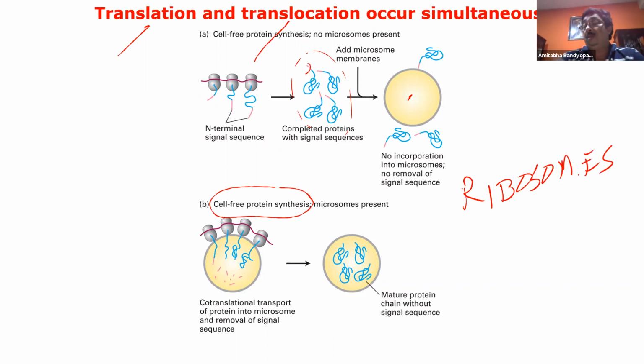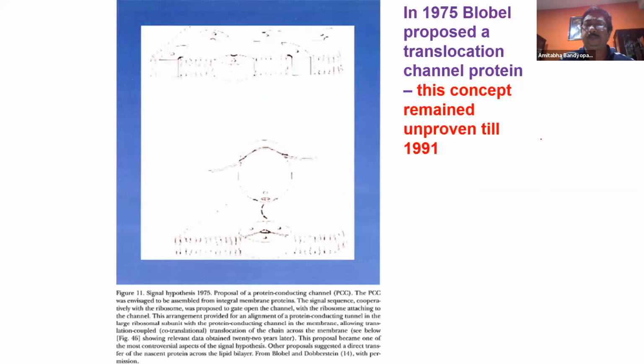The mature proteins, whose translation has completed, are no longer associated with the ribosome, so they cannot get in. Only those proteins that are in the process of being translated can get in. So ribosomes must play a role in the translocation and peptidase activity and all the paraphernalia.